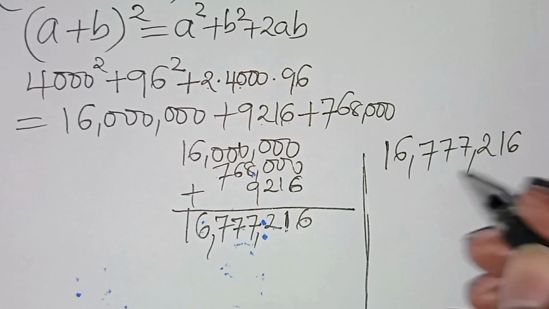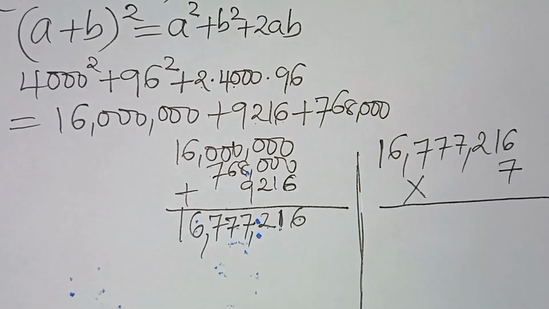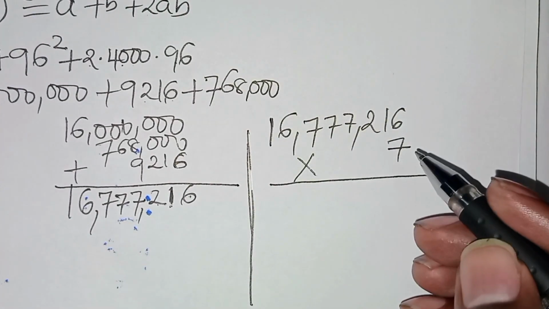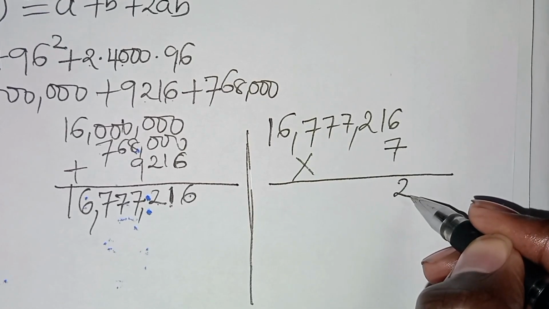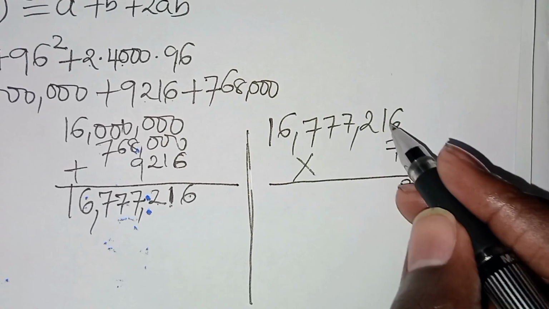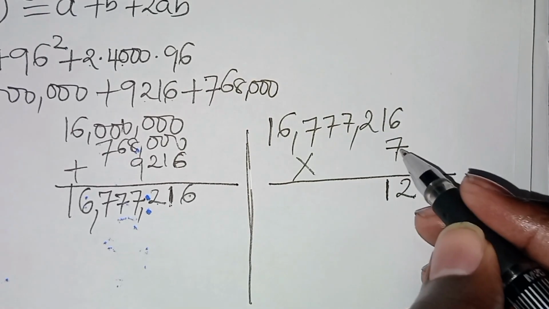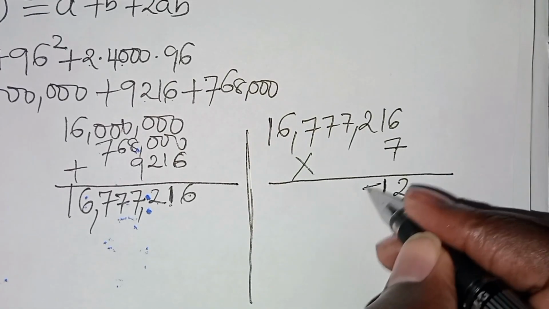Now from here we have 16,777,212 multiplying by 7. So now here we have 7 times 6, which is 42. So 2 carry 4. So then 7 times 1 is 7 plus 4, which is 11. Carry 1. Then 7 times 2, which is 14 plus 1. That is 15.